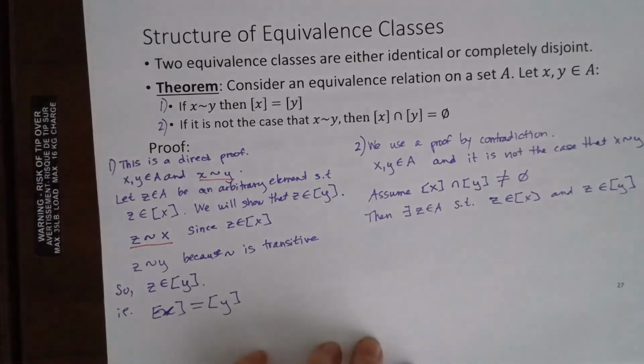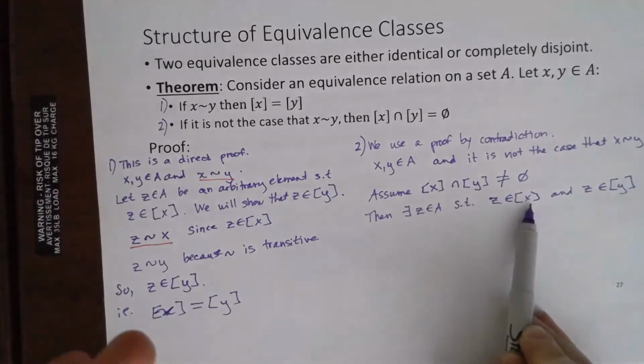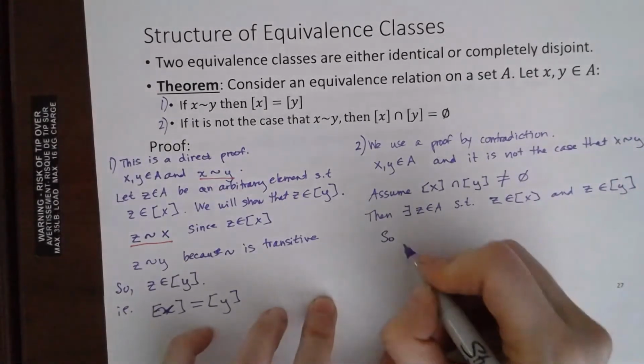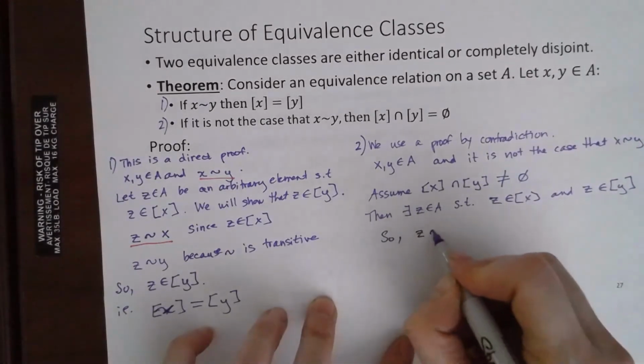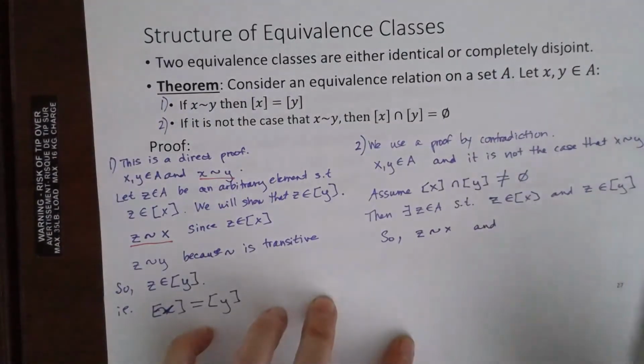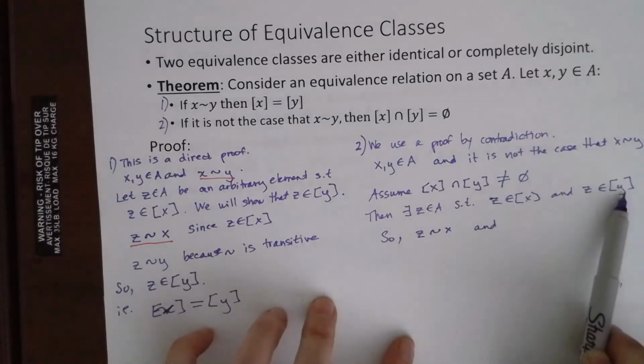Okay. All right, well, if Z is in this first set, the only way it got in there is by being related to it. So we know then that Z has to be related to X. And the only way that Z got into this equivalence class is that it had to be related to it. So Z has to be related to Y.